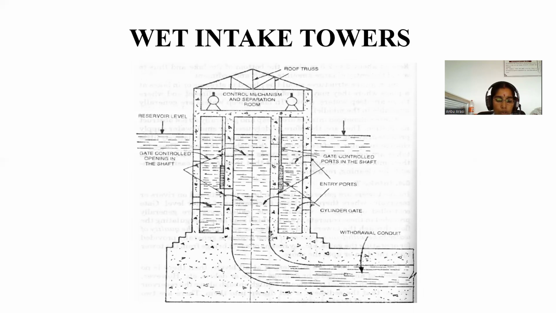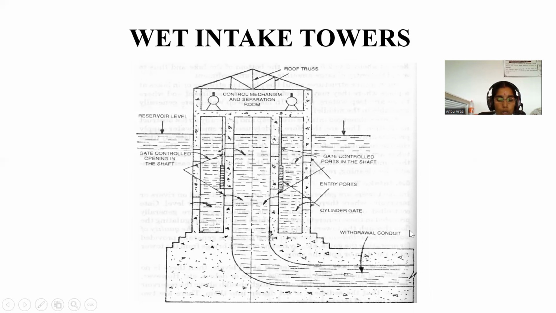A typical section of a wet intake tower may consist of a concrete circular shell filled with water up to the reservoir level, here, up to the reservoir level, and has a vertical inside shaft which is connected to the withdrawal pipe.